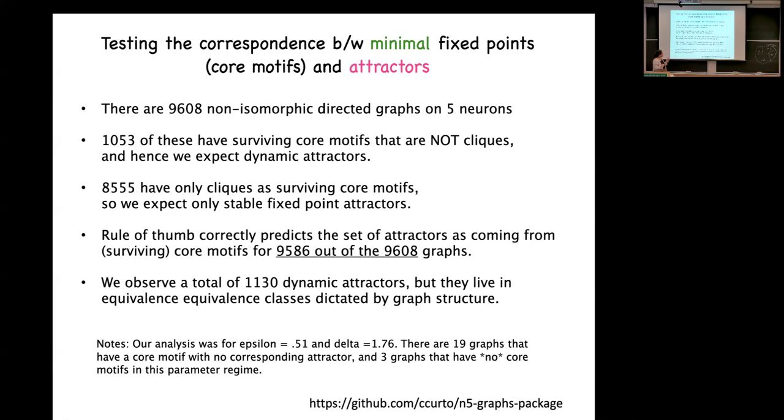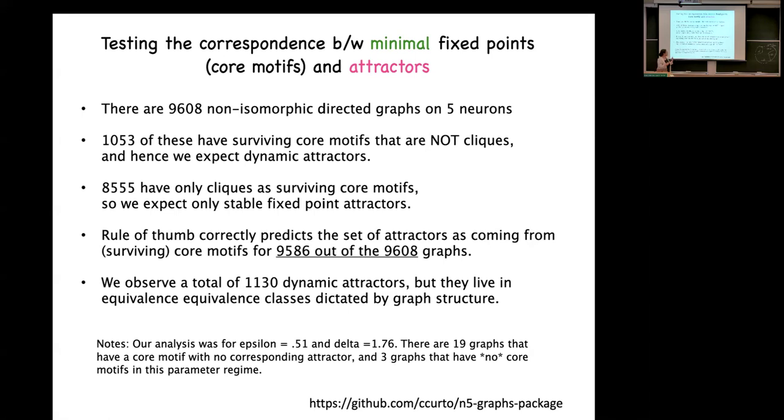And what we found is that in all but 22 of the graphs, so 9,586 of the 9,608, we were able to accurately predict the attractors. And the mistakes were also interesting. Sometimes the fixed point would survive, but the attractor wouldn't be there because its basin of attraction somehow shrunk to 0.